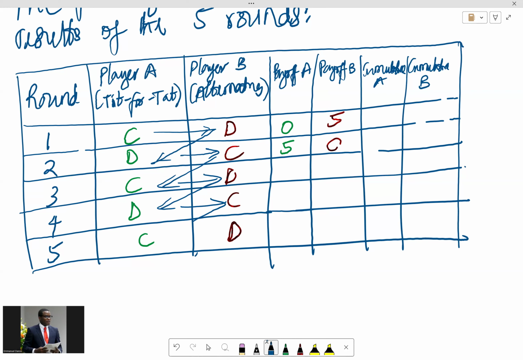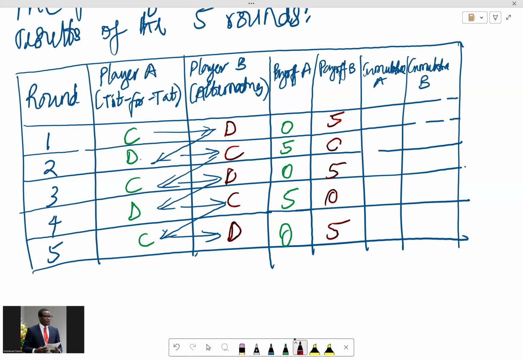A cooperates the first time, B defects. Because B defected, with tit for tat, player A will defect now. Then B is alternating, so it defected the first time, now it will cooperate. Whatever player B does, player A is going to return the favor. So at the end of the day, we have that tit for tat thing going on. Because of that, A gets 0, 5, 0, 5, 0, while B gets 5, 0, 5, 0, 5.